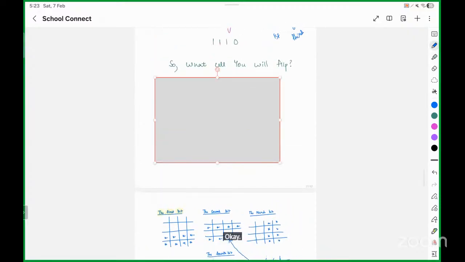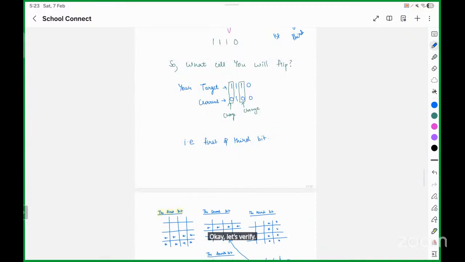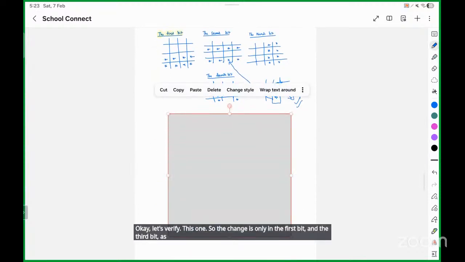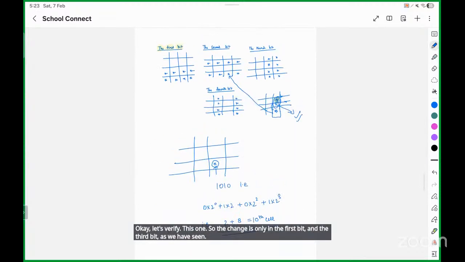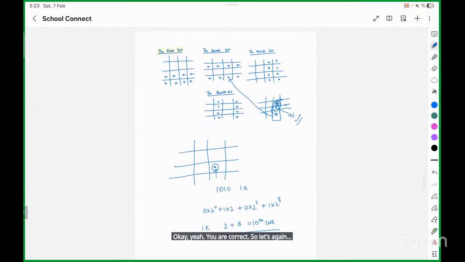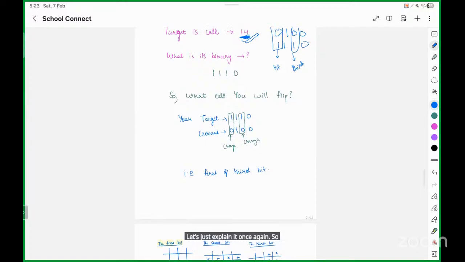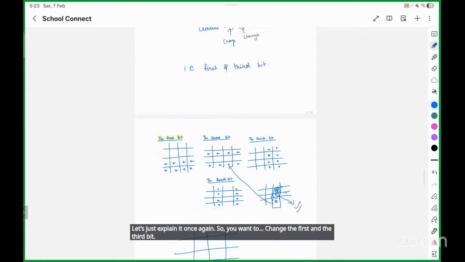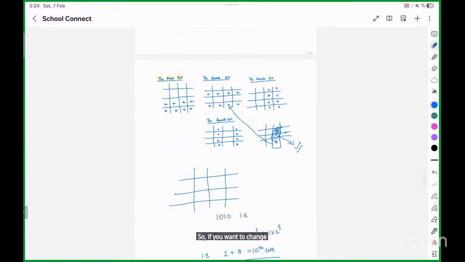Okay, let's verify this one. The change is only in the first bit and the third bit, as we have seen. Yeah, you are correct. Let's explain it once again for the other people. You want to change the first and the third bit, so you have to look at the intersection points of these two.